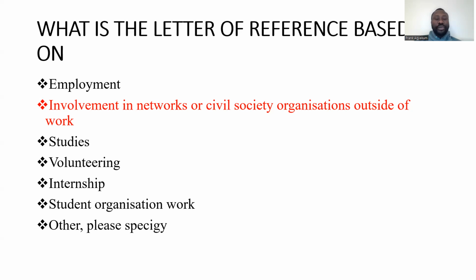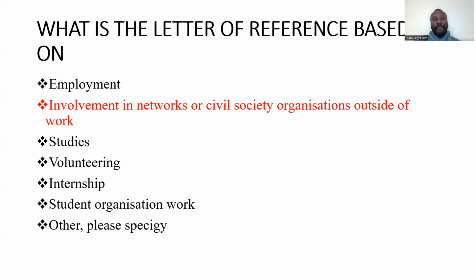So now let's look at this. First of all, your reference letter can come from your employment, number 1. It can come from involvement in networks or civil society organizations outside of work. Now, what is a network? What is a civil society organization? A network or civil society organization is just a group of people coming together to have a common objective or a common goal.